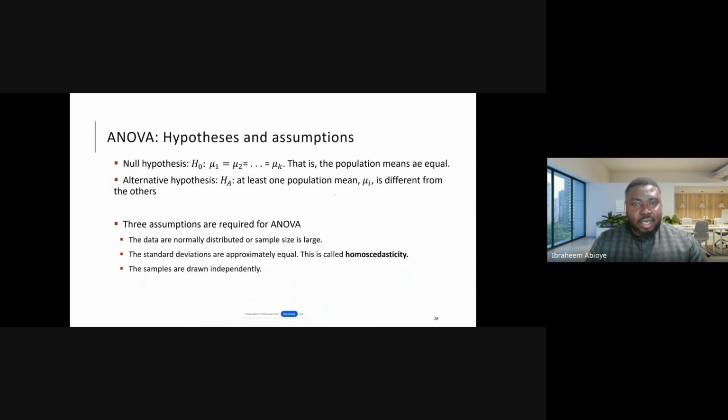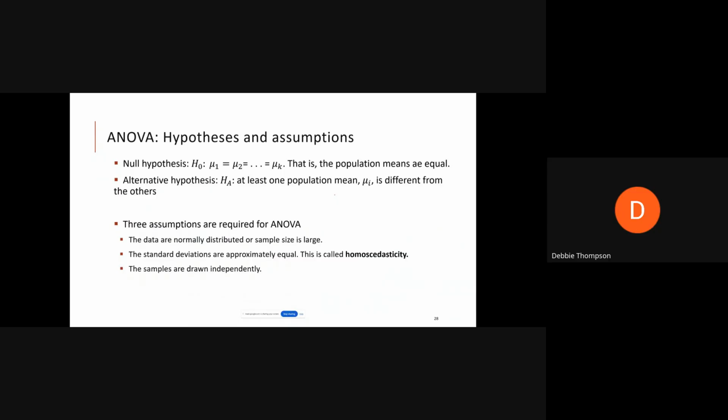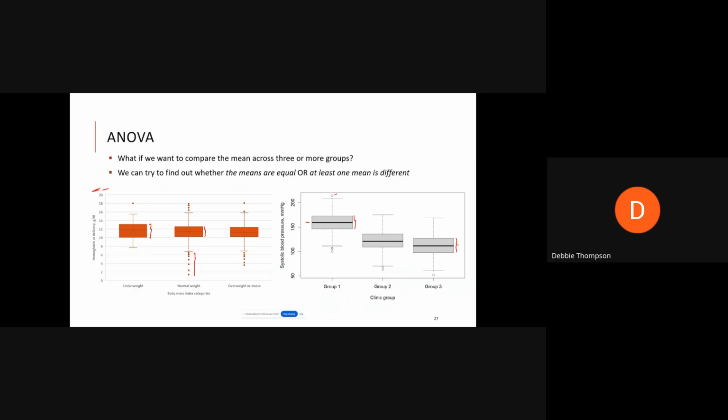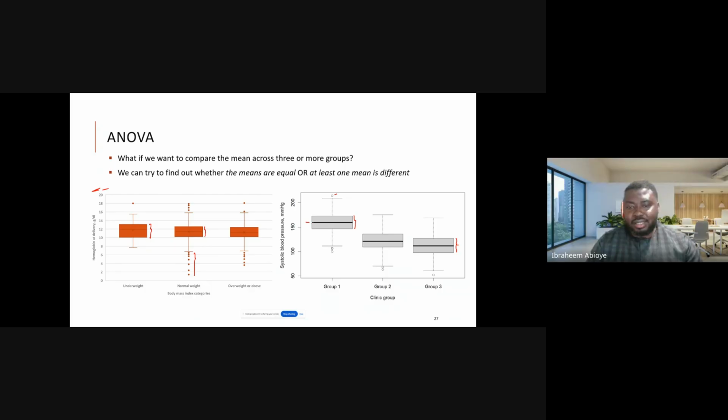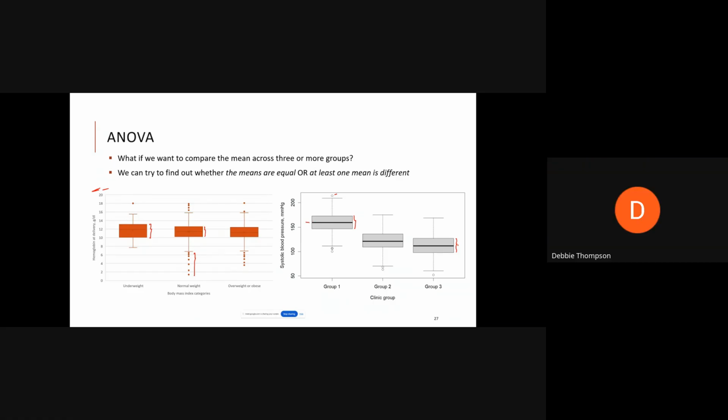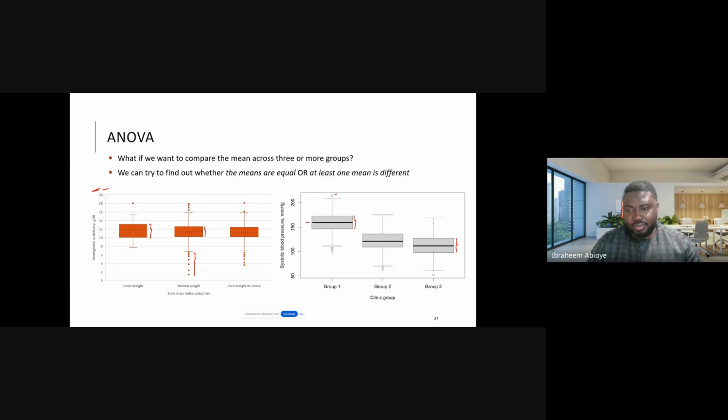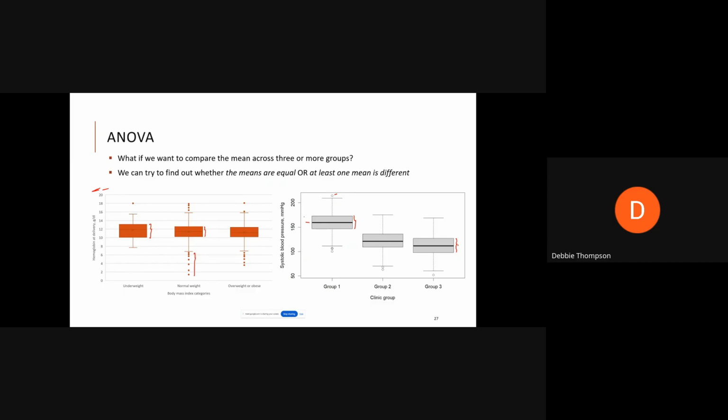Now, the only thing I would add is that those are medians and not means, right? So this value here is the mean. So we have interquartile ranges, but we have a mean in the middle.